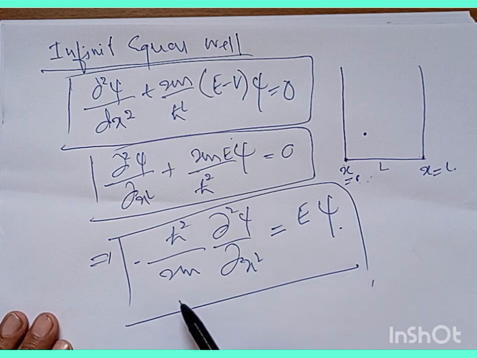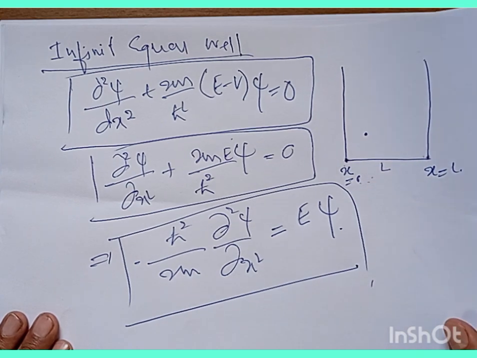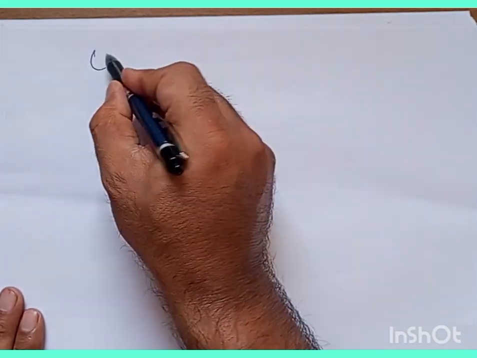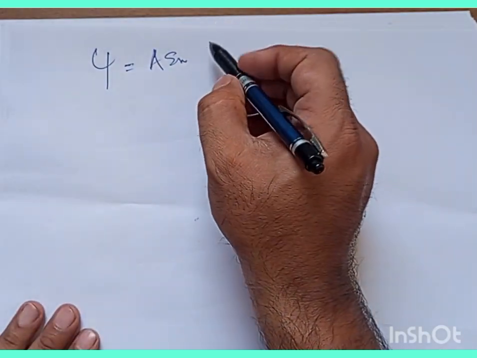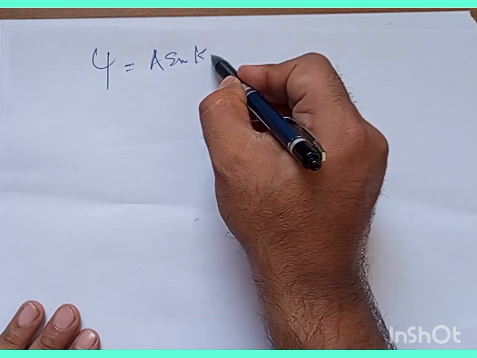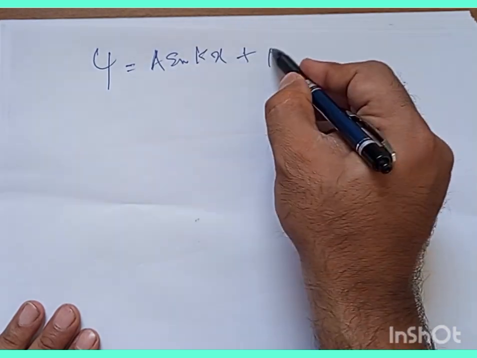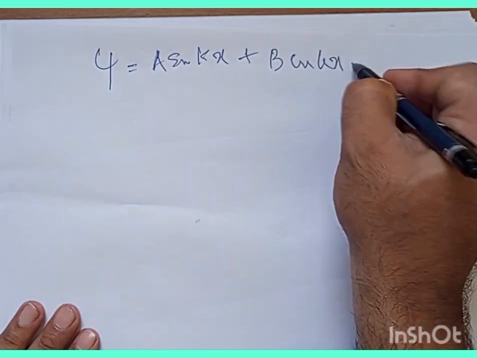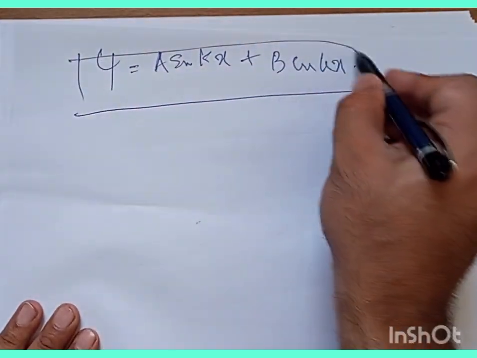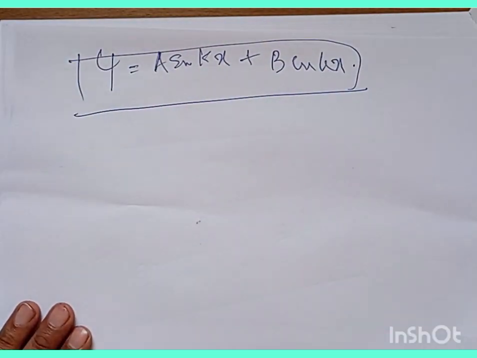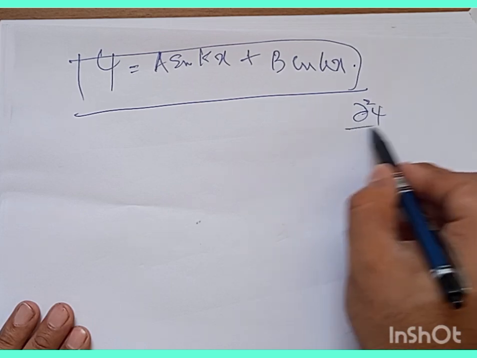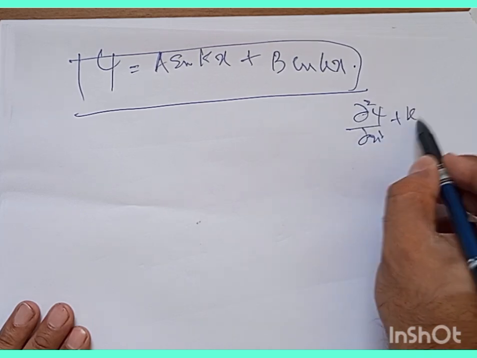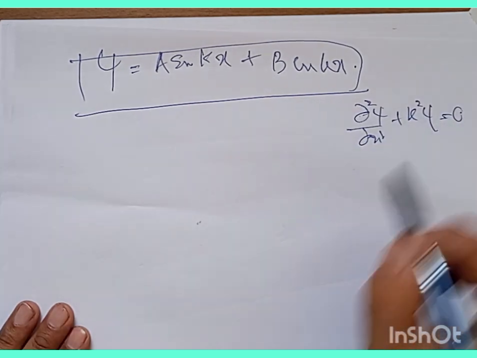So the solution of this Schrodinger's equation can be written as a sin kx plus b cos kx. In terms of Schrodinger's equation, d²ψ/dx² plus k²ψ equals 0.